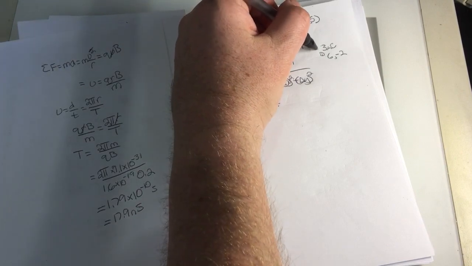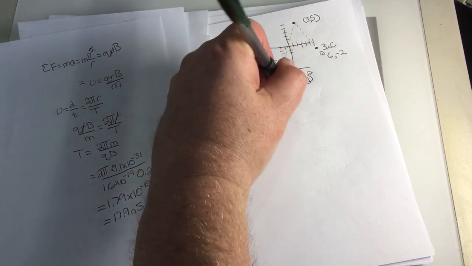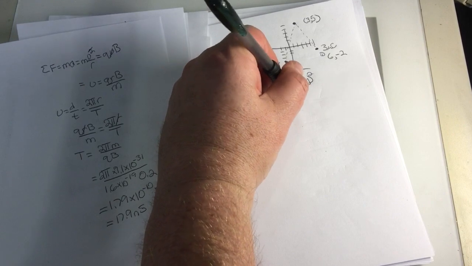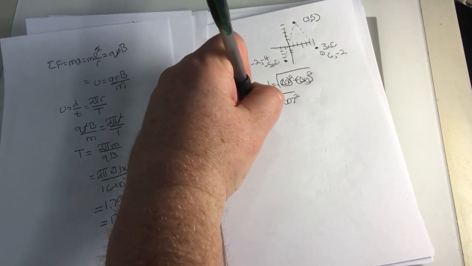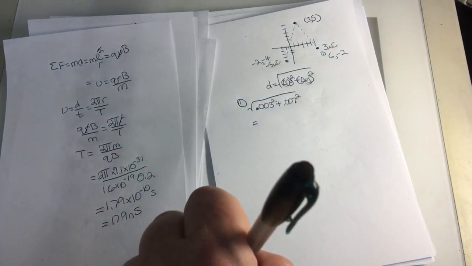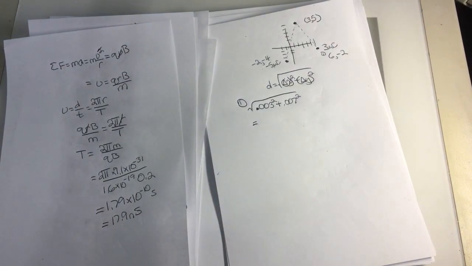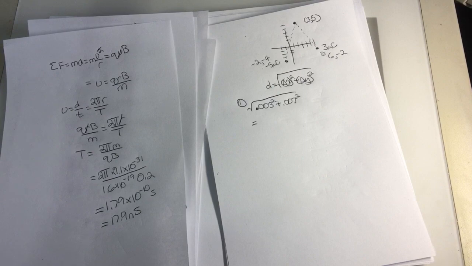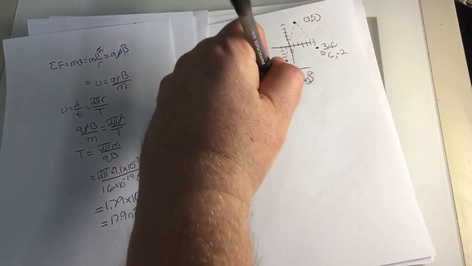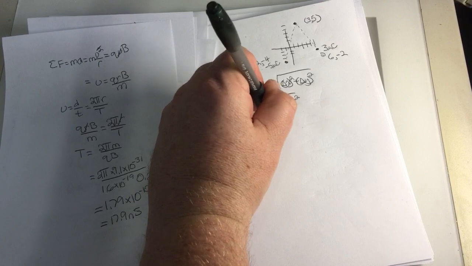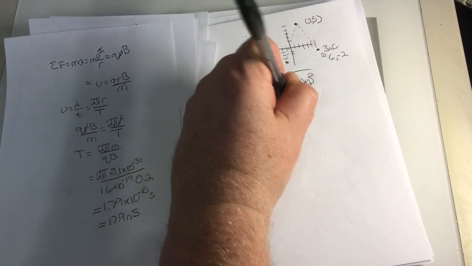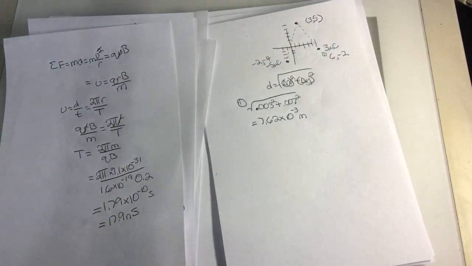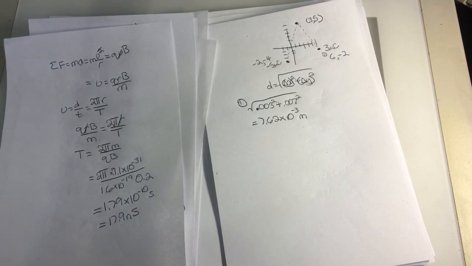The change in y went from -2 to +5, so 0.007 squared, and then you square root that. And that gives you a distance of 7.62 times 10 to the -3 meters, or 7.62 millimeters.